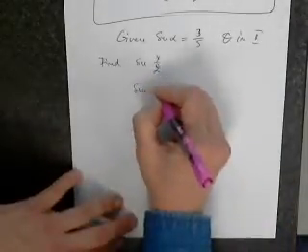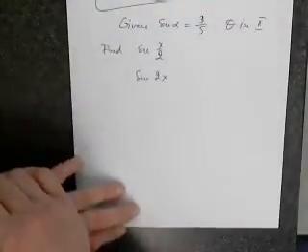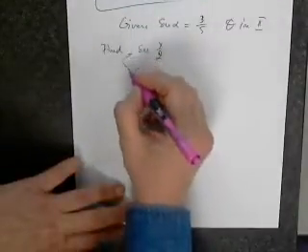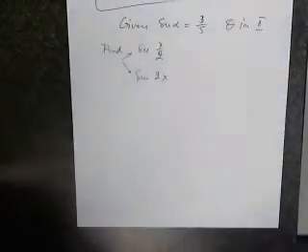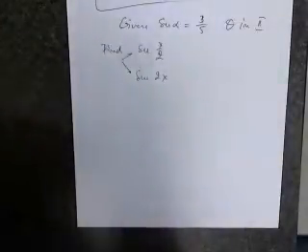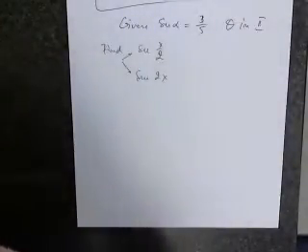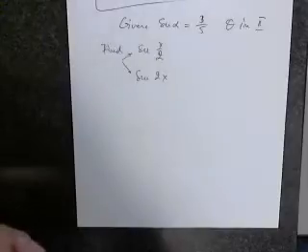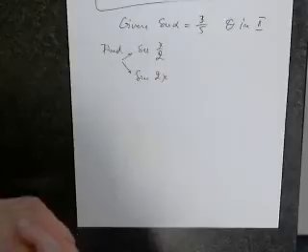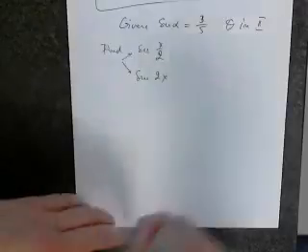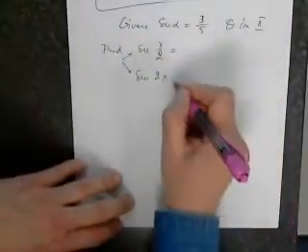Or find sine 2x. So I may ask you this. Given some trig function value, find sine x over 2 or find sine 2x. How do I find this or this?